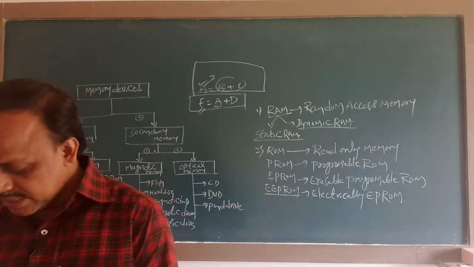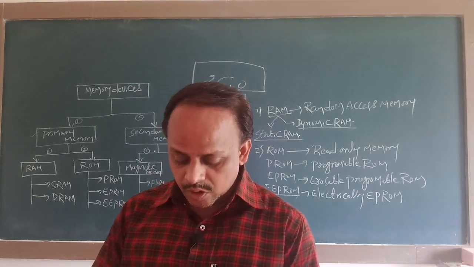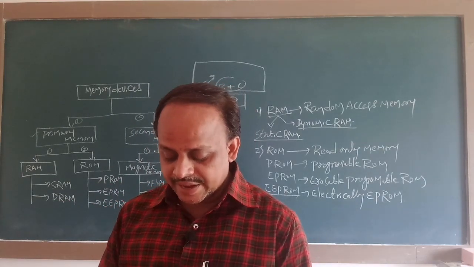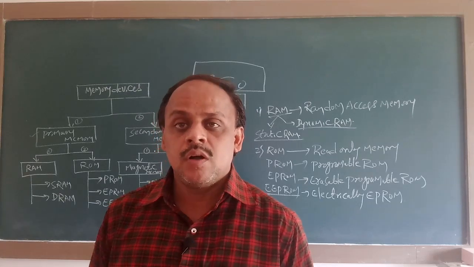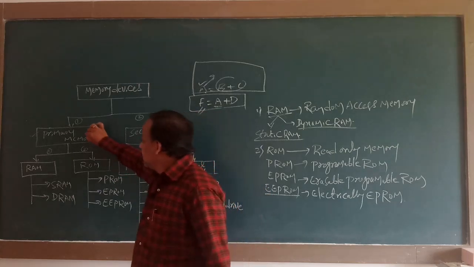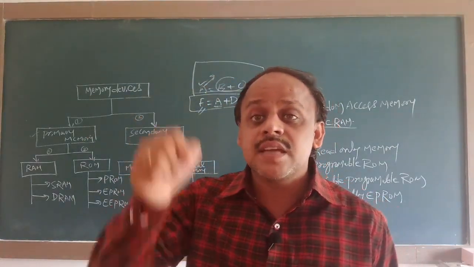And next he says, the primary memory is a temporary memory because the data and instructions stored on it will be erased when power goes off. This primary memory is a temporary memory.